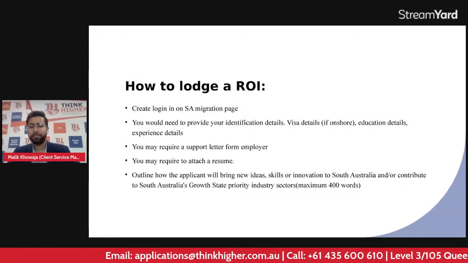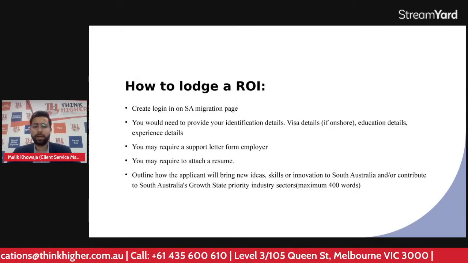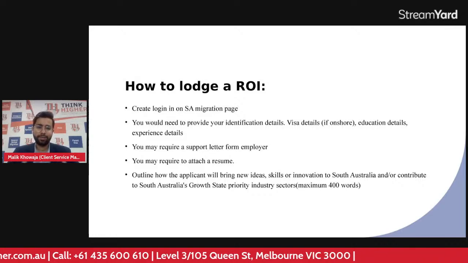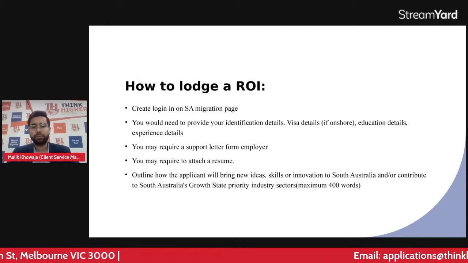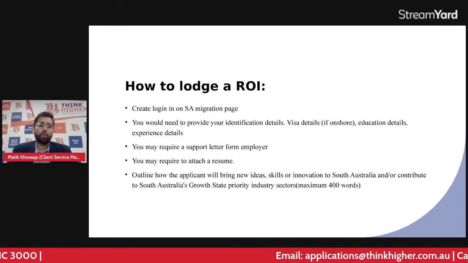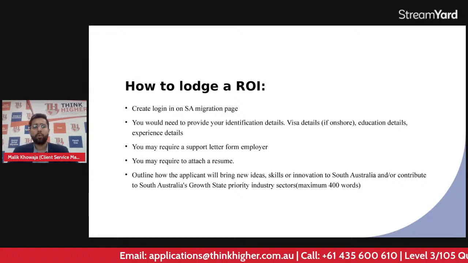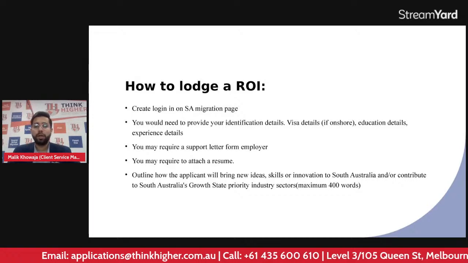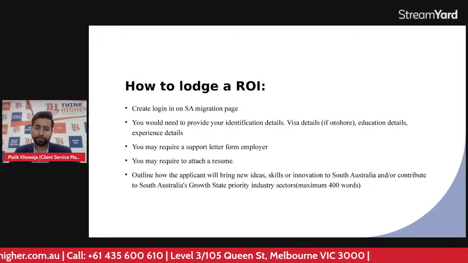This is most specifically for the independent talent streams, where you are applying based on your points, your superior or proficient plus English, and your 95 points. They have to see your resume to see your qualification background, your experience background, what kind of certification you have done, where you're currently working, and what your next plan is.